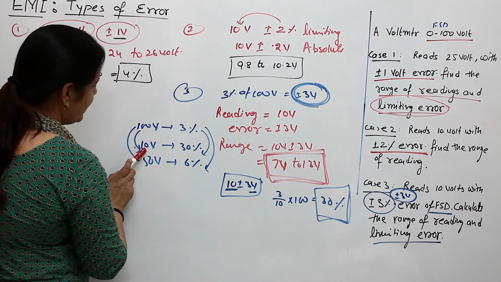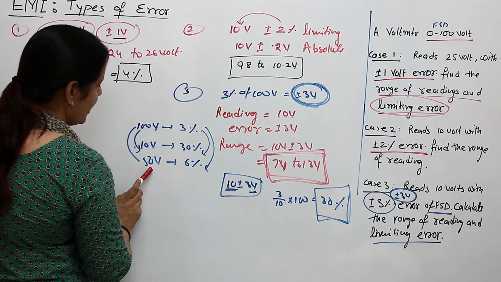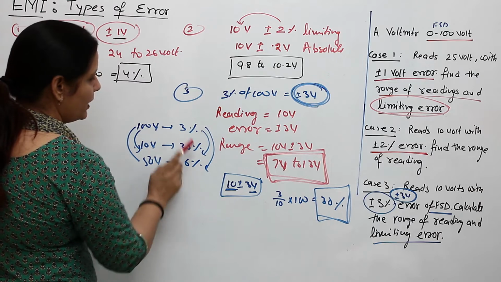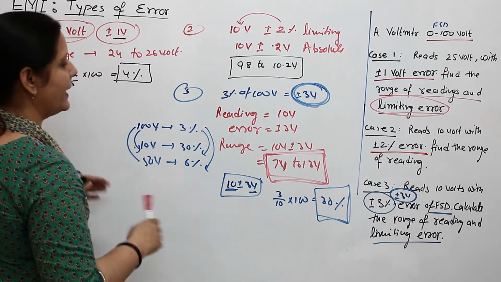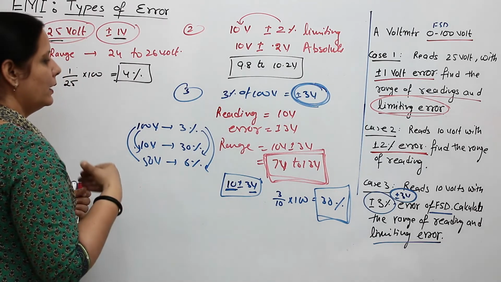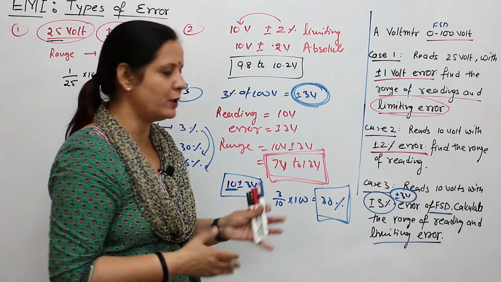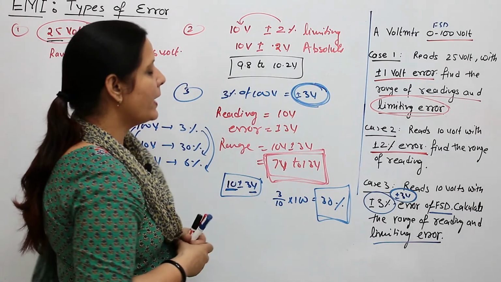Reading is 1/10, error is 10 times; reading is half, error is twice of the lowest value. This is a smart trick that I came across when I solved multiple numericals based on FSD. So I would like to share this with you, so you can attempt in a smart manner and score high.